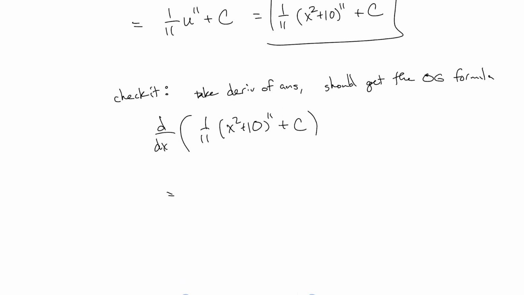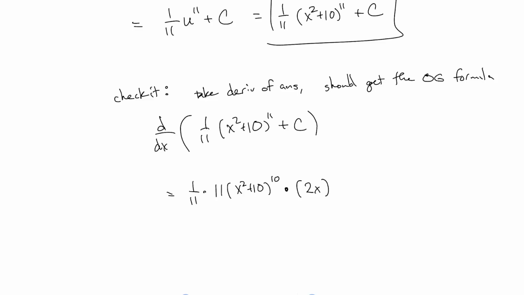So what this looks like is 1 over 11 as a coefficient, and now x squared plus 10 to the 11. I do the derivative on the outside, which means the 11 comes in the front. I write the same stuff inside, and then decrease the power by 1. And then the chain rule says times the derivative of the inside. That's the chain rule part.